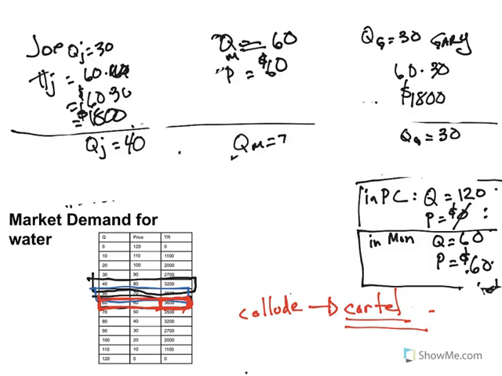So now our market quantity is 70, which means our price is $50. Joe's profit is $50 times 40. Joe says, oh yeah, that was the right choice. Forget sticking to this cartel.